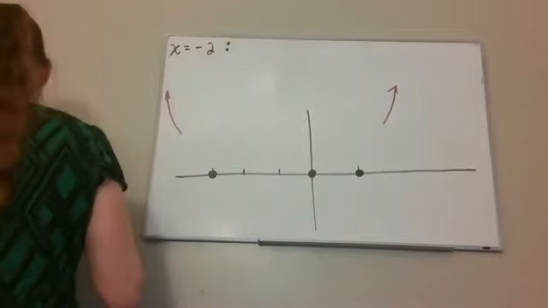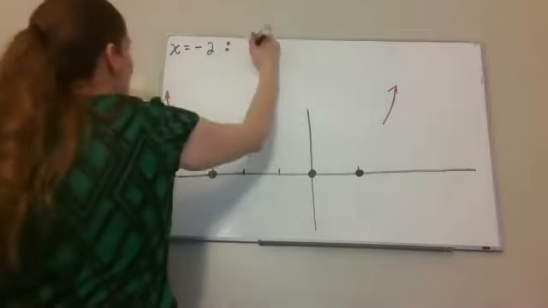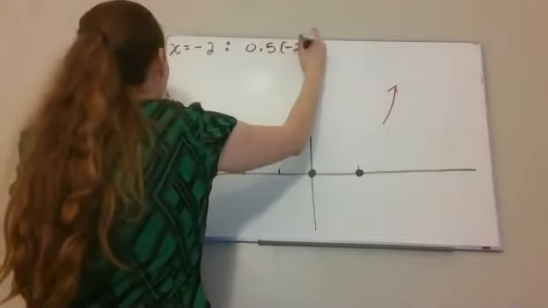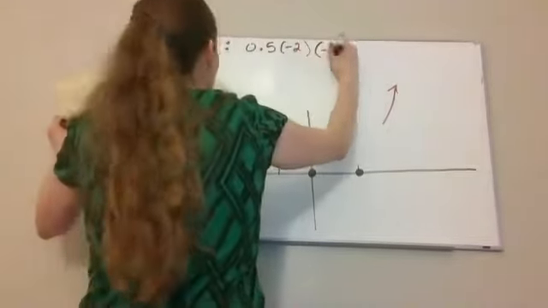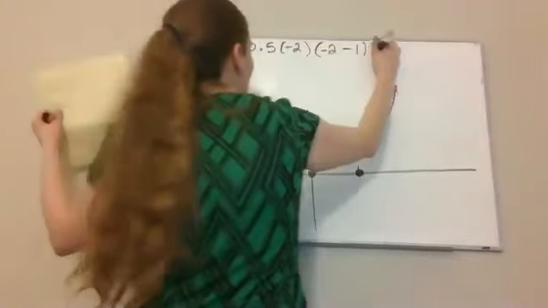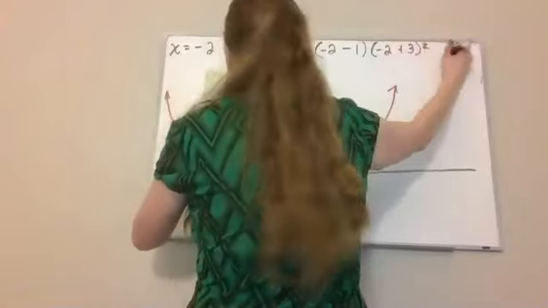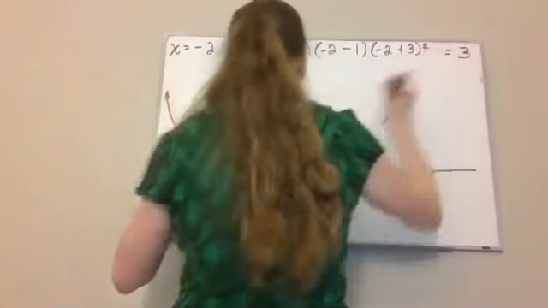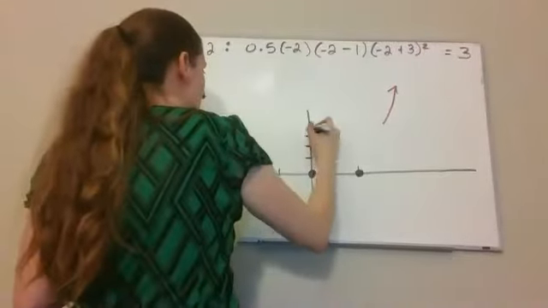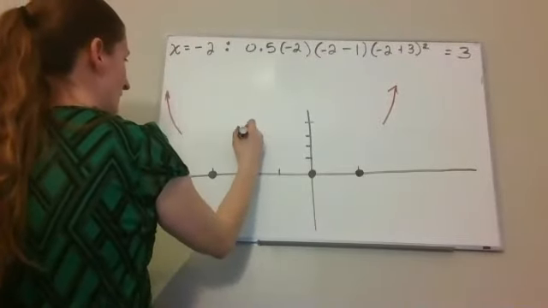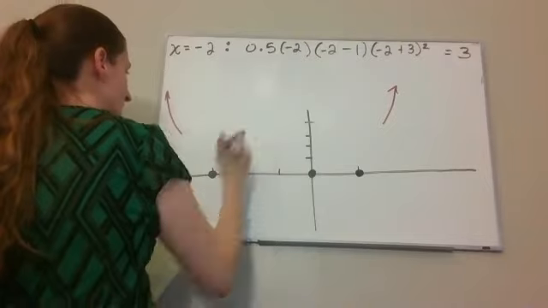When x equals -2, my function is 0.5 times -2 times (-2 minus 1) times (-2 plus 3) squared, and I get 3. So I have a point at (-2, 3).